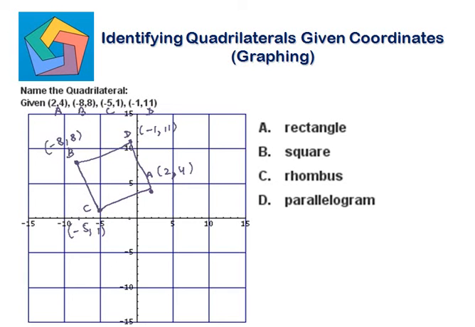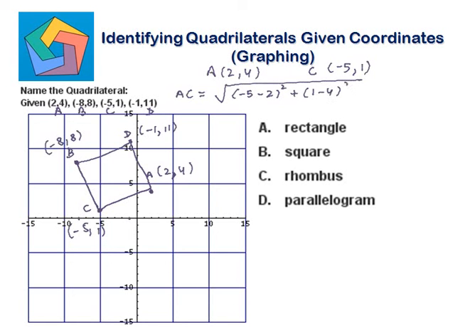Let's find the side AC. A is 2, 4 and C is -5, 1. AC is equal to square root of -5 minus 2 squared plus 1 minus 4 squared, square root of -7 squared plus -3 squared, square root of 49 plus 9, which is equal to square root 58 units.